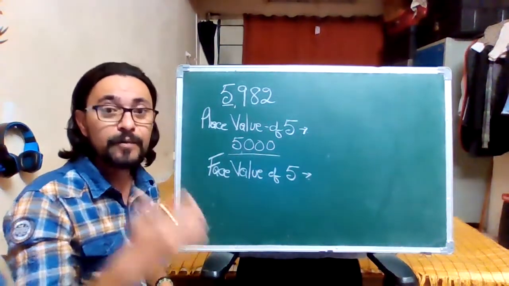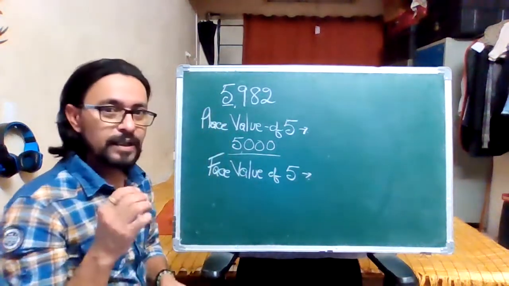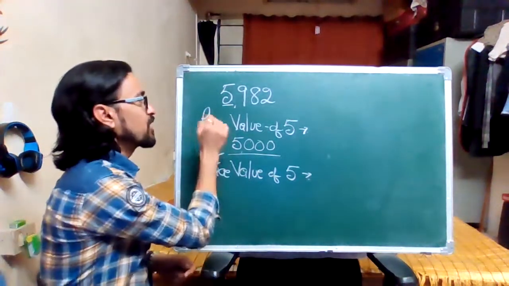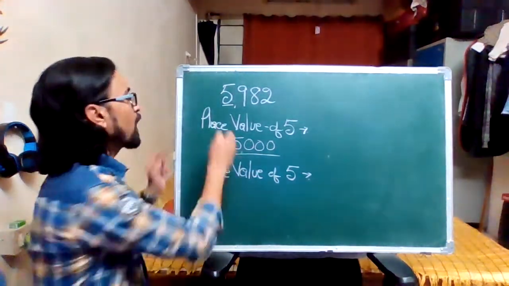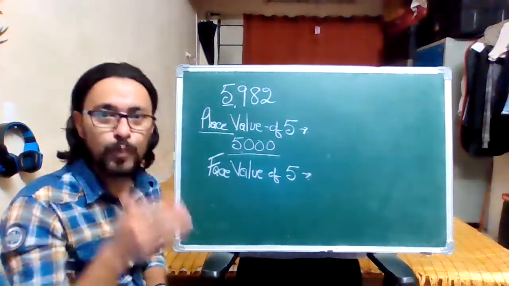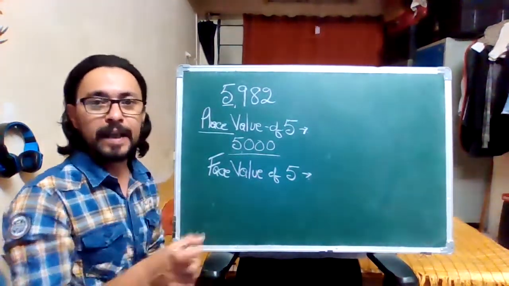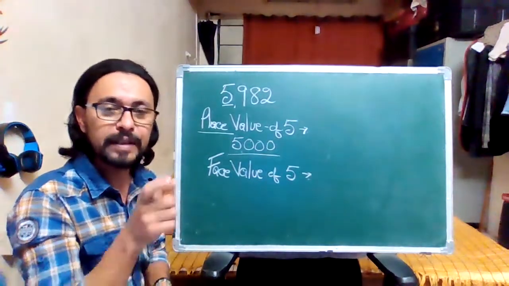It depends where you are standing. Similarly, in which period a particular digit is placed decides its place value. That is why it's been given the word place. That means where does that digit stand in that particular number? In which period does it stand?